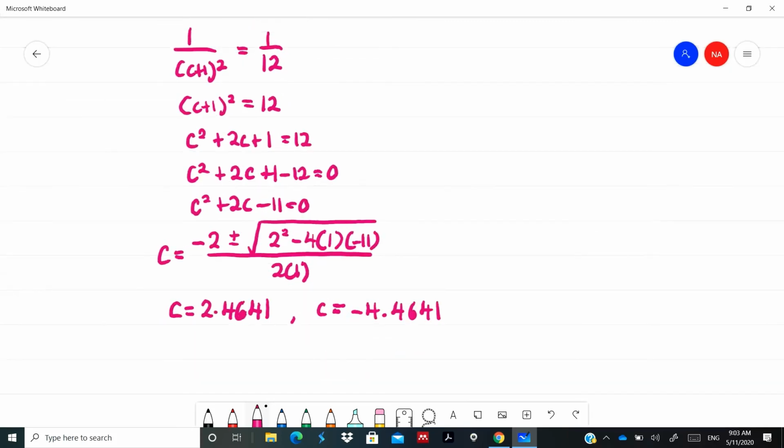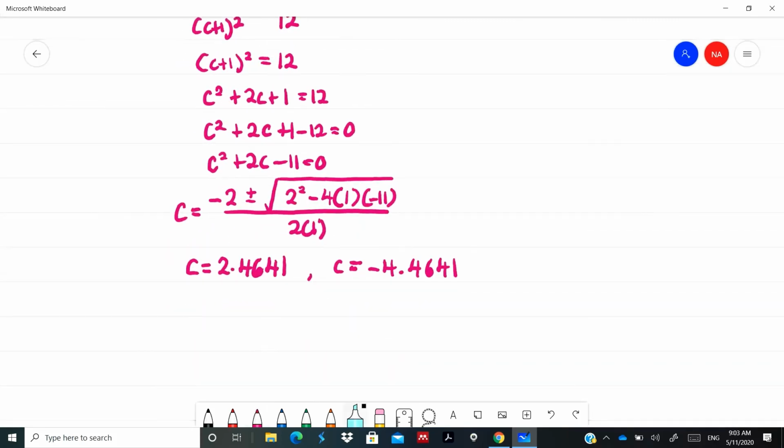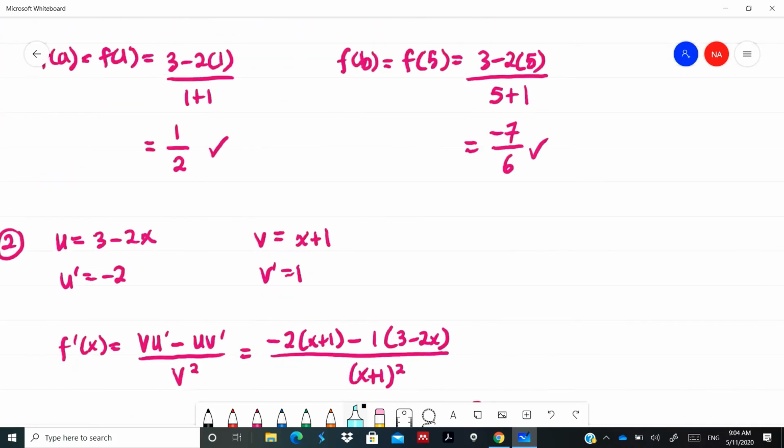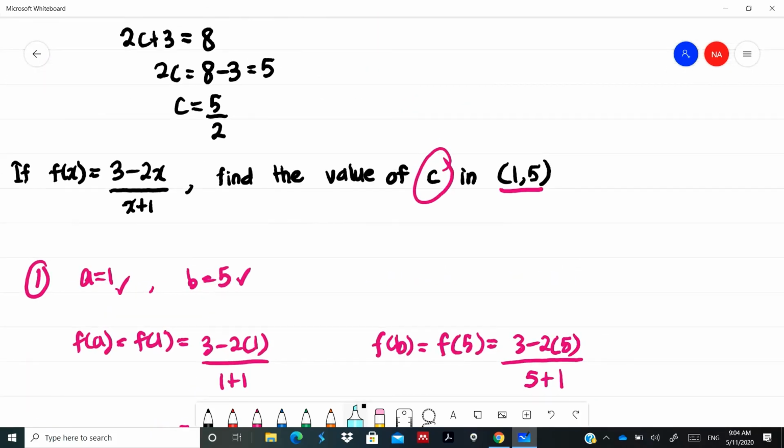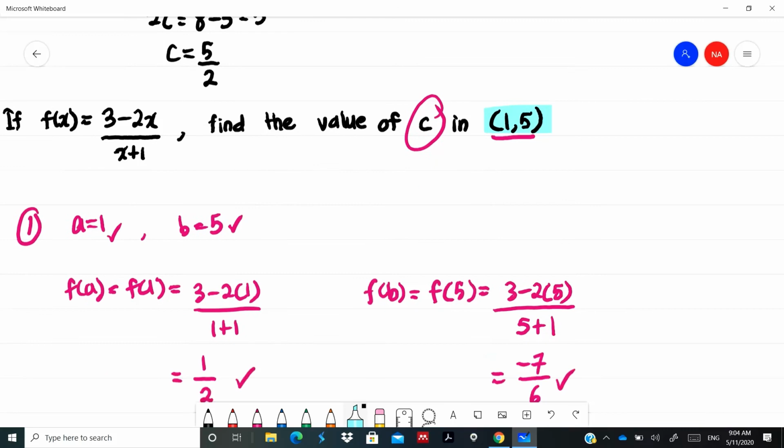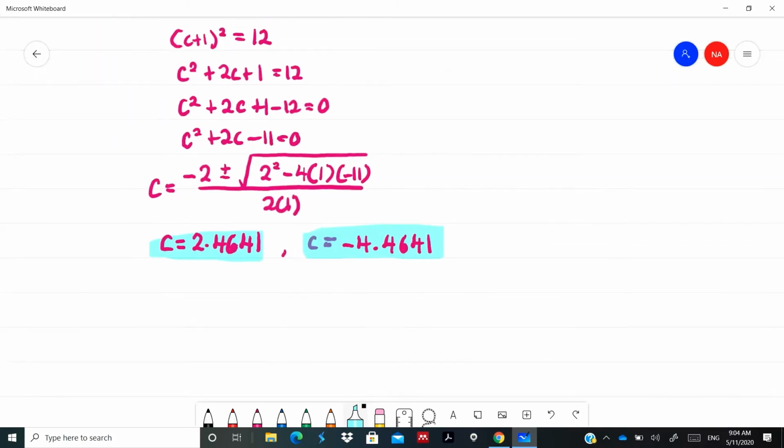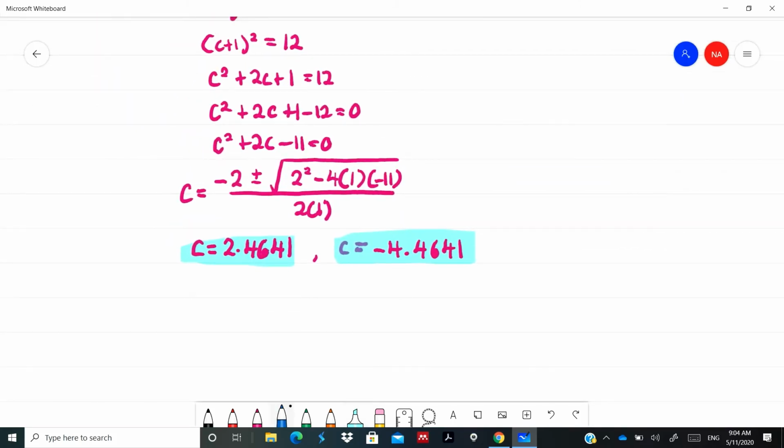But we have to check which value of c is inside the interval. Please look at your interval. The interval is 1, 5. So which one is between 1 and 5? Of course this one. This one is outside the interval 1, 5.